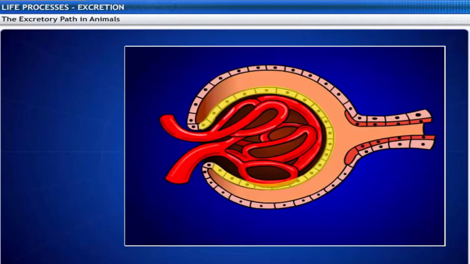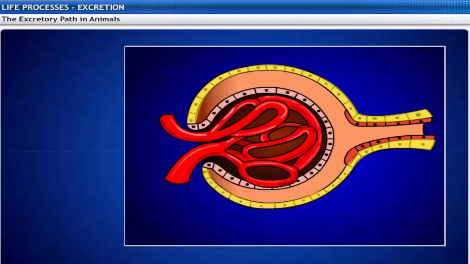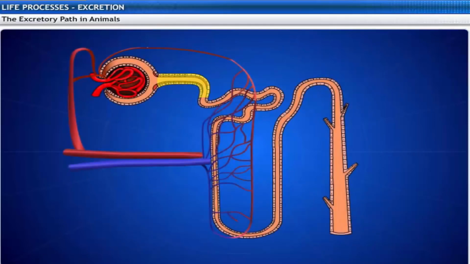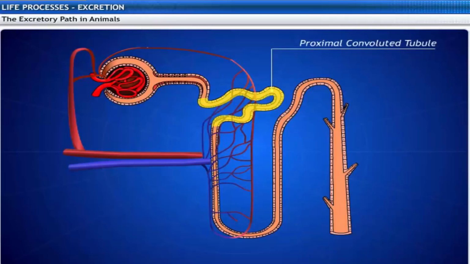The inner layer of Bowman's capsule covers the glomerulus, and the outer layer is continuous with the inner layer and with the wall of the renal tubule. The renal tubule leads the way from the Bowman's capsule and becomes highly coiled to form the proximal convoluted tubule.